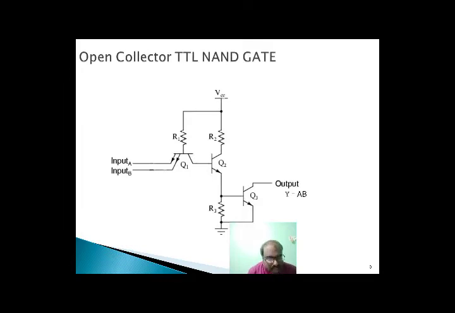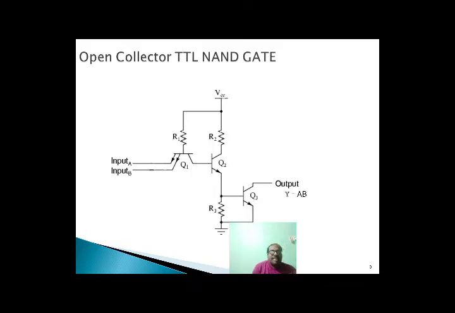But the circuit is not complete, and to get proper logic high and low levels at the output, an external pull-up resistor must be connected between VCC and the collector of Q3.